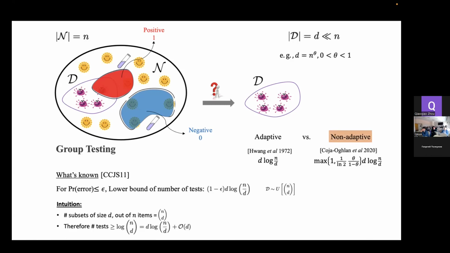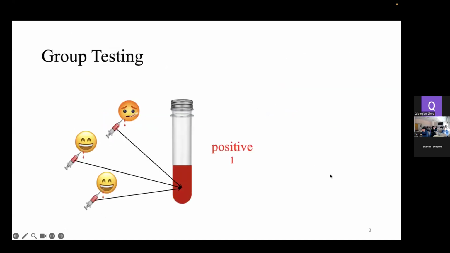This group resolved the best number of tests. Now, in our previous test design, we made an assumption: the test result is positive whenever there is at least one infected person.